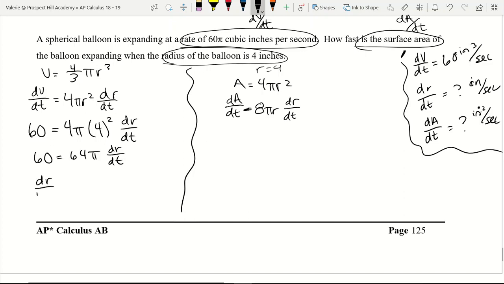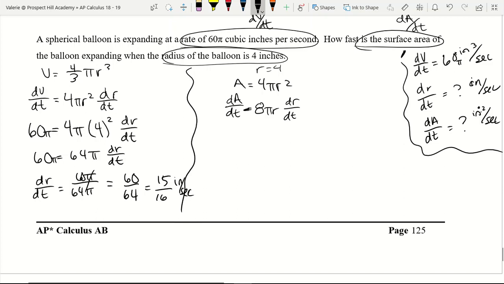So dr dt is equal to 60 pi over 64 pi. I always make that mistake. The pi's will cancel out, and we'll be left with 60 over 64, which is just 15 over 16 inches per second. So dr dt is 15 over 16 inches per second.